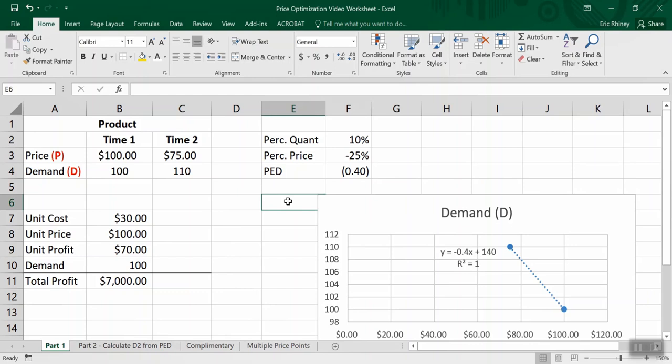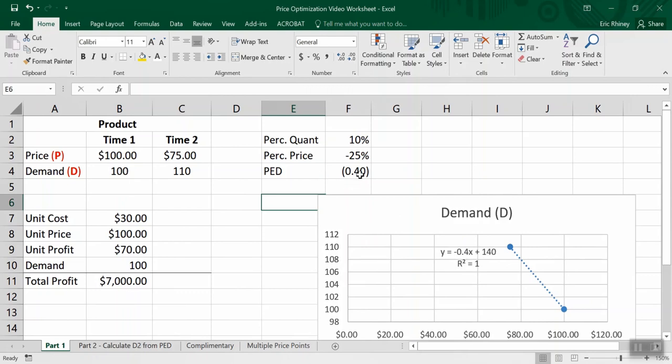Okay, so the next thing I'm going to do is show you how to calculate demand 2 if you are given a price elasticity of demand. In some cases, we may not have this information readily available. If you are able to do some type of experiment where you sell products at one price and then at a second price and come up with demand points, then we can do this line equation of estimation of demand and figure this out.